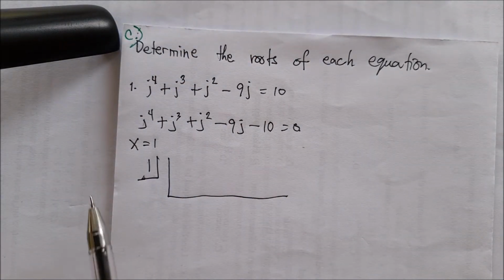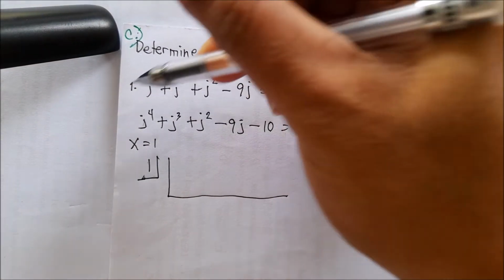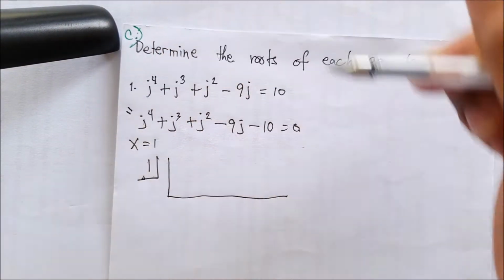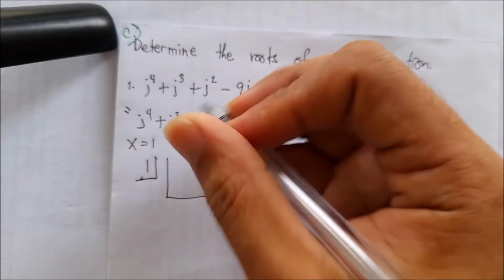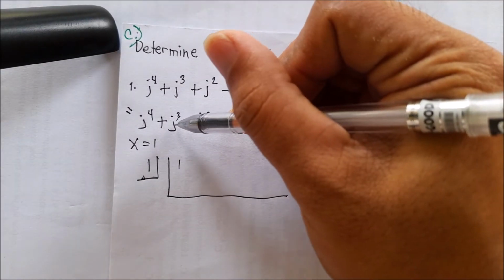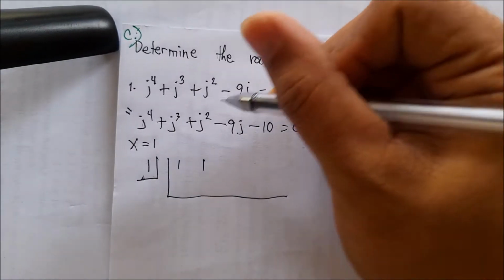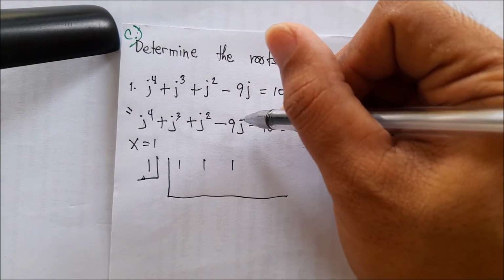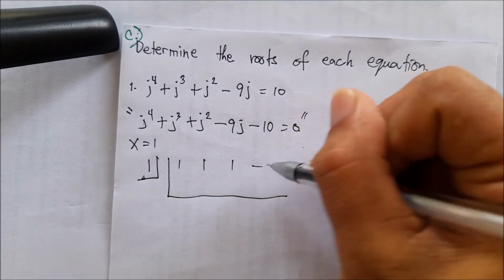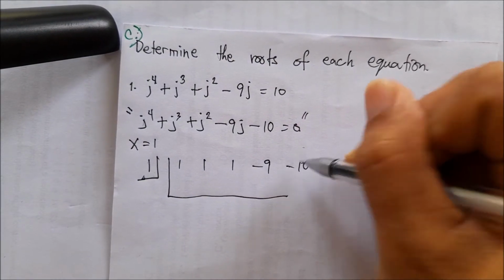What if the value of x is +1? Then this is the new equation. The coefficient of j raised to 4 is +1, j raised to 3 is +1, j raised to 2 is +1, and -9, and last is -10.